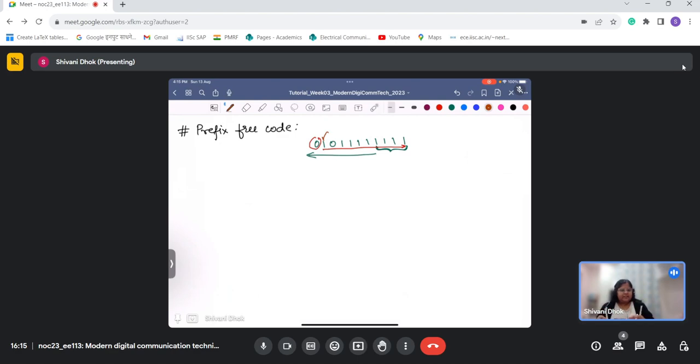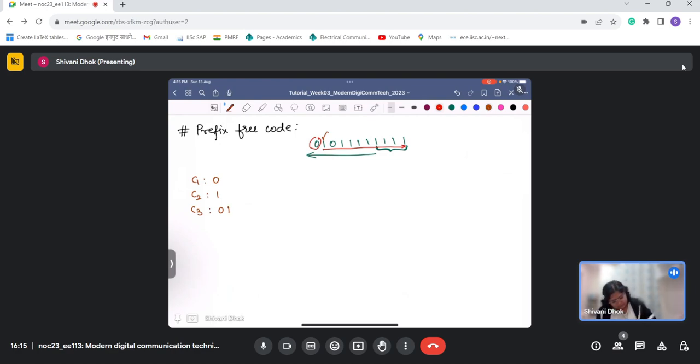Now it is said that if I have a prefix free code, then I will be able to uniquely decode it. So why is it? What does prefix free code mean? Let me take a simple example. Let's say one code is C1 is 0, C2 is 1, and C3 is 01.